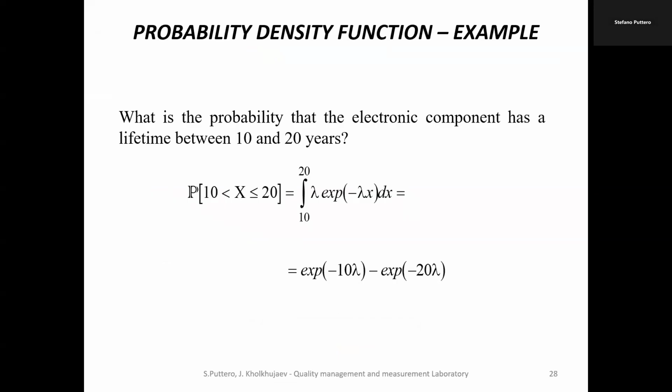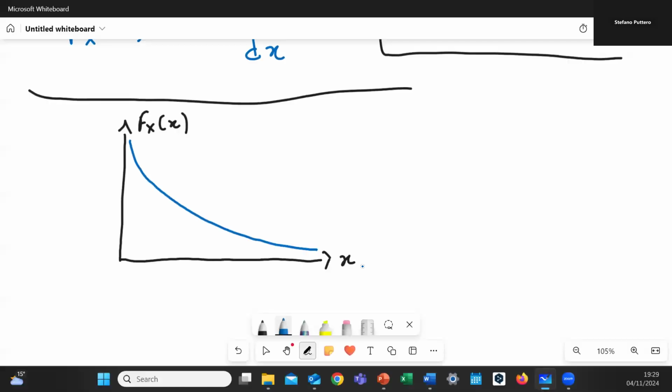The point is that once we have drawn the function, the only thing that we can do is identify the 2 points that the exercise asks, so 10 and 20.